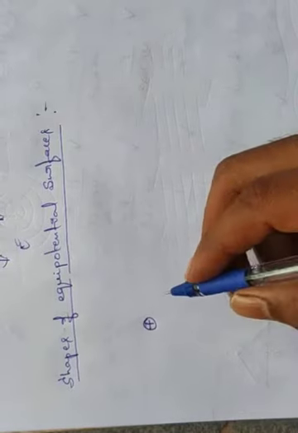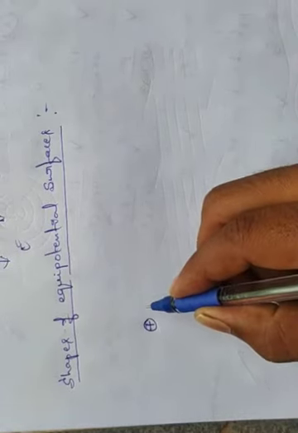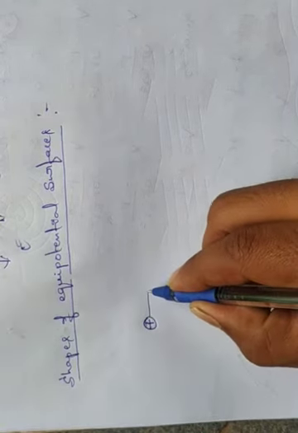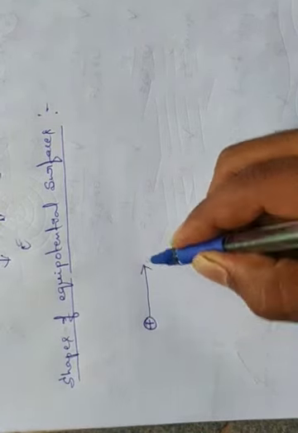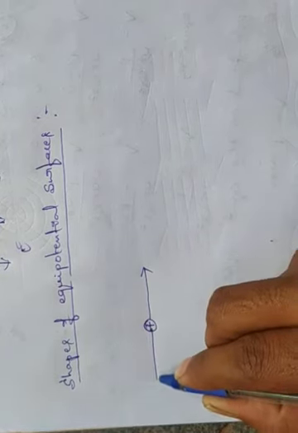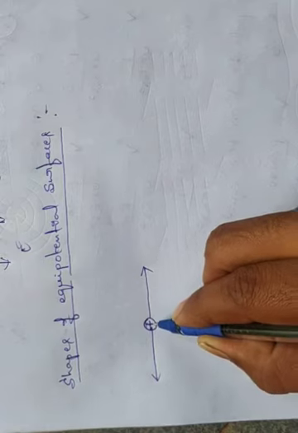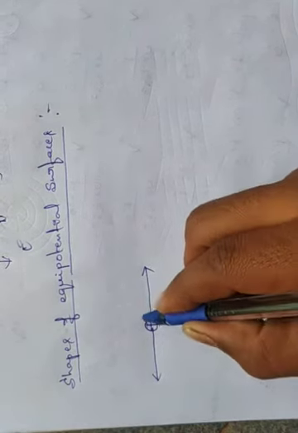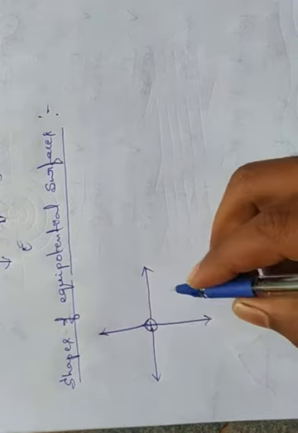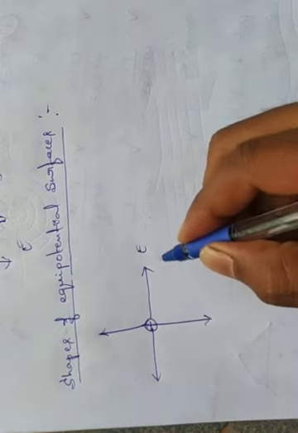Here we know the direction of the electric field lines is like this, in all directions.